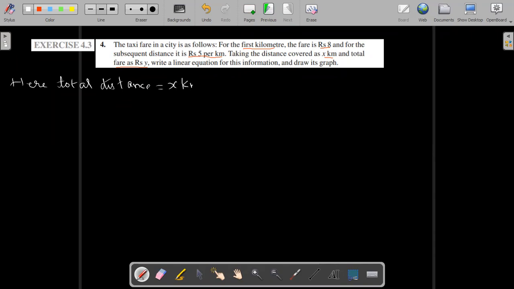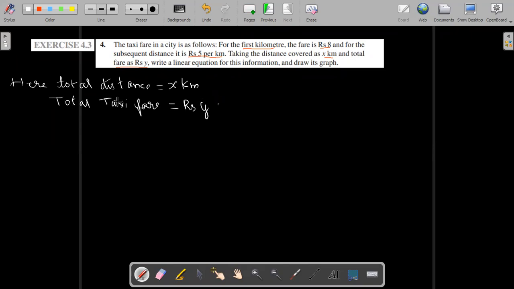It is given in the question, x kilometers. And the total taxi fare is also given to us, rupees y.